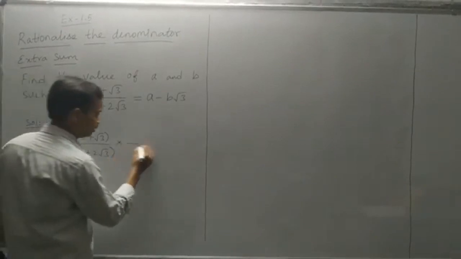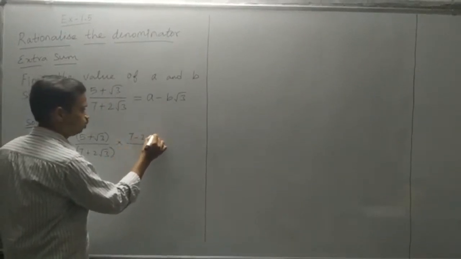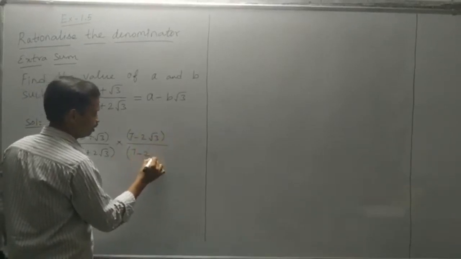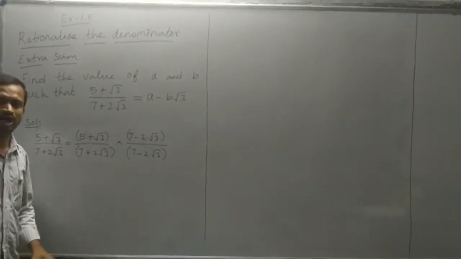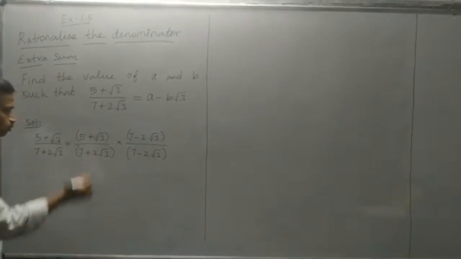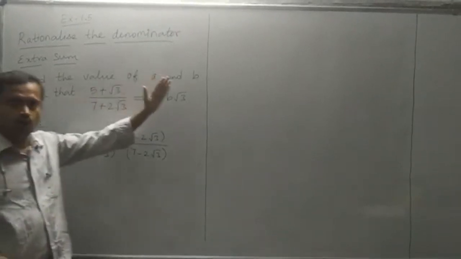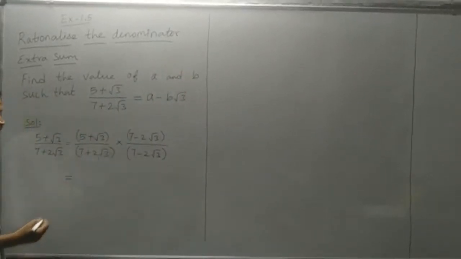What is that? 7 minus 2 root 3, and again we have to divide by the same 7 minus 2 root 3. So this is the way to rationalize the denominator. By using that method, we are going to find the value of the given unknowns. So you see, easily we can do this.